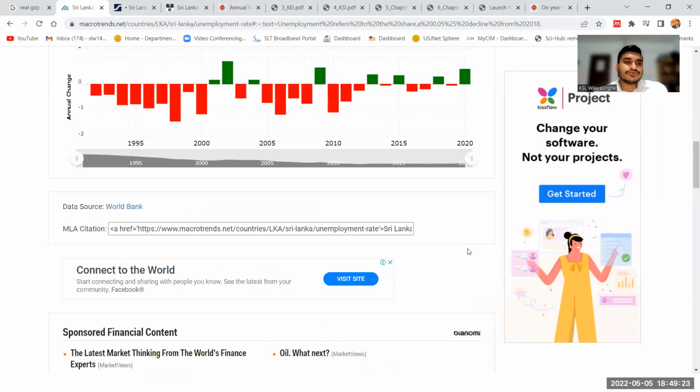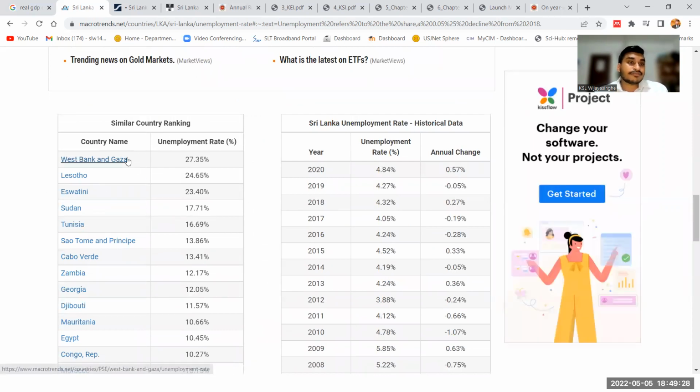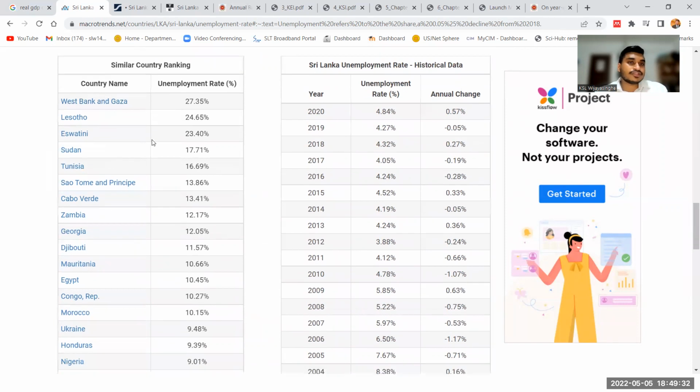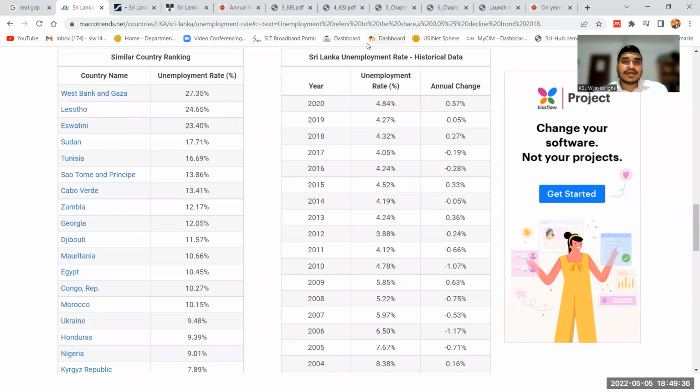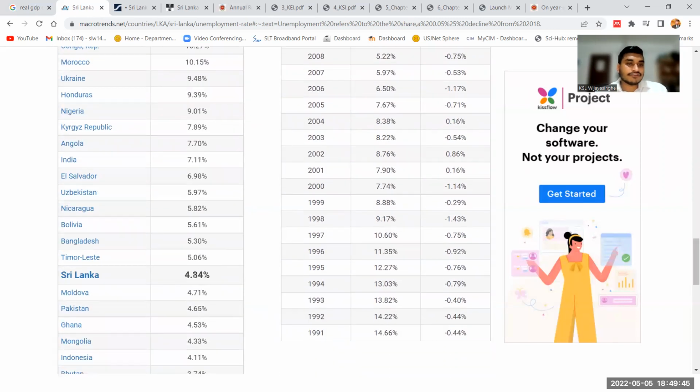So if you go through, you will get some other information also, unemployment rates for different similar country ranking. So you see in Sudan it is 17.71 and so forth, and Sri Lanka unemployment rate, you see annual change, how much it is, everything is here. So Sri Lanka is roughly here 4.84.